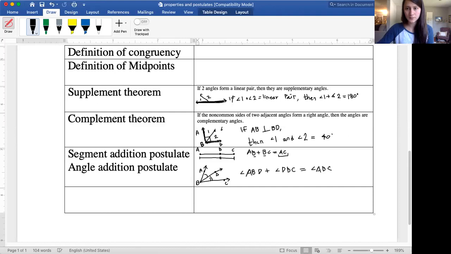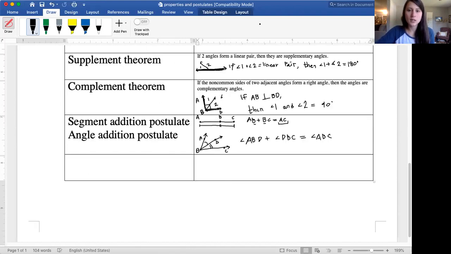They're complementary. So the non-common sides, meaning the sides that they don't share, form a right angle, then those two angles, if they're adjacent, meaning they're side by side, add up to be 90 degrees.